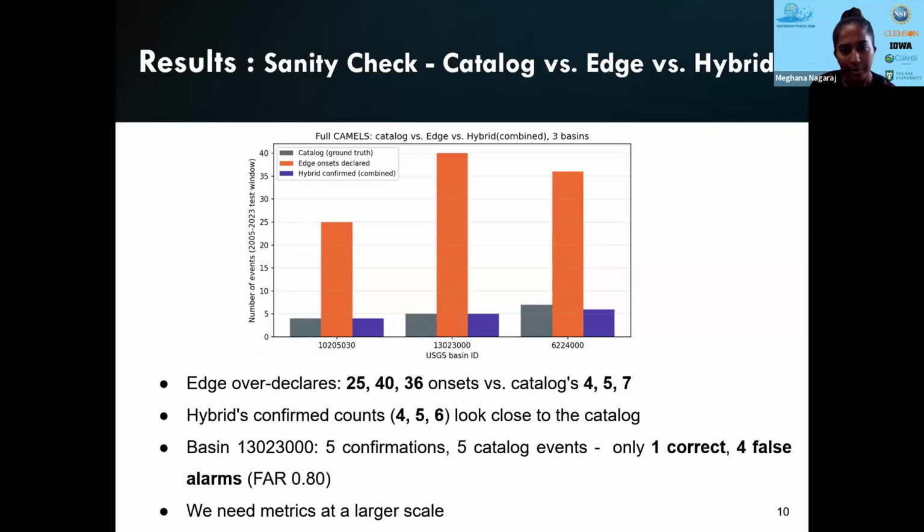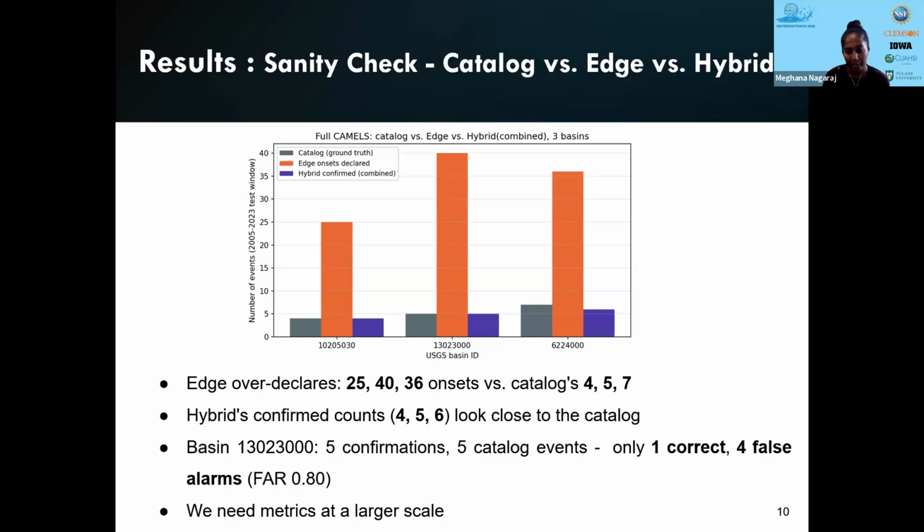These are the results. Before we trust either architecture across the 645 basins nationwide, we wanted to do some sanity checks. The figure shows the catalog, which is the ground truth, the edge onsets declared, and the hybrid's confirmed. We found that edge over-declared, with 25, 40, 36 onsets versus the catalog's 4, 5, 7.